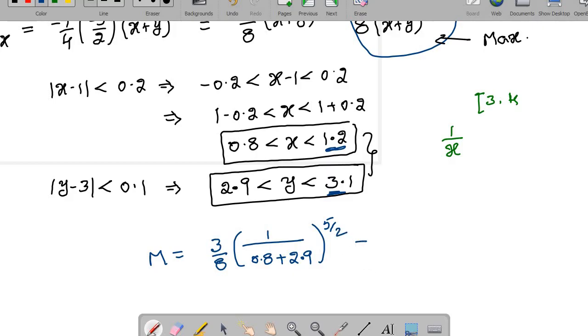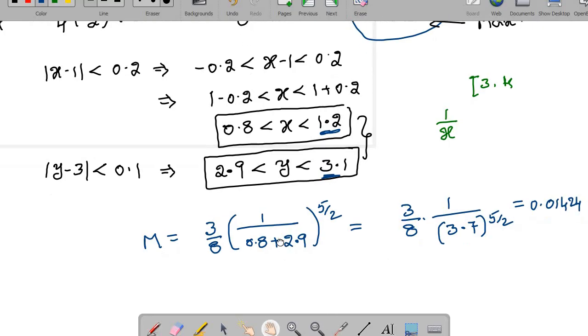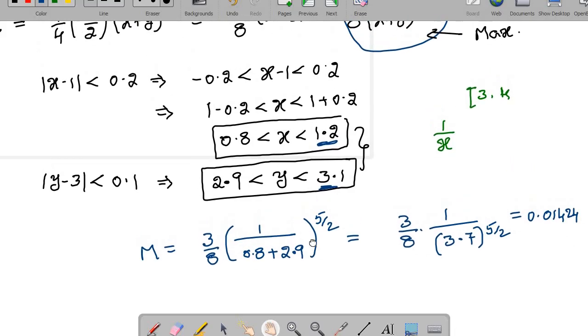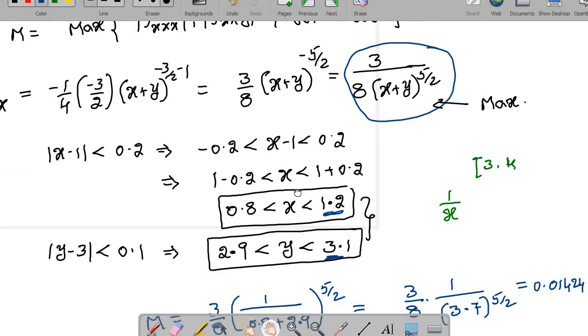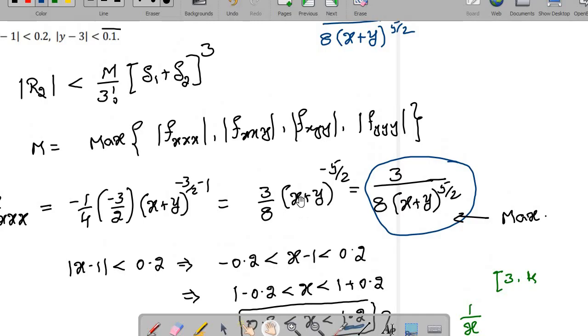So we need to compute this. That's exactly 3 over 8 times 1 over, you just add these two, which gives 3.7 whole power 5 by 2. If you compute it, you get 0.01424. So this is M. Now you need to substitute this M in the formula.